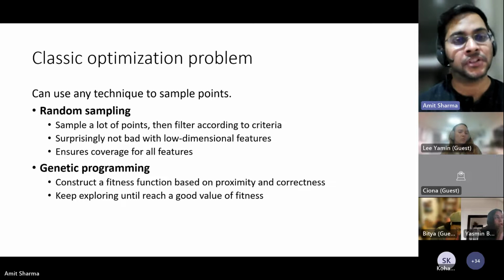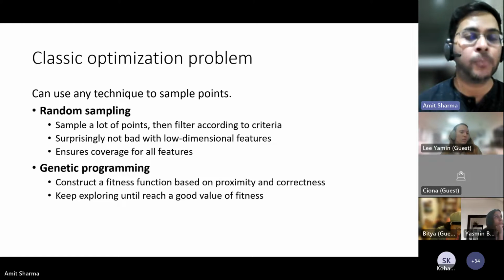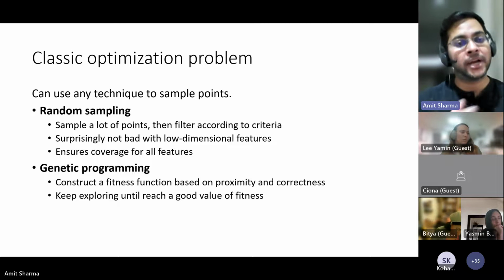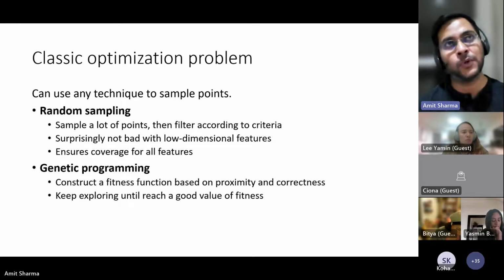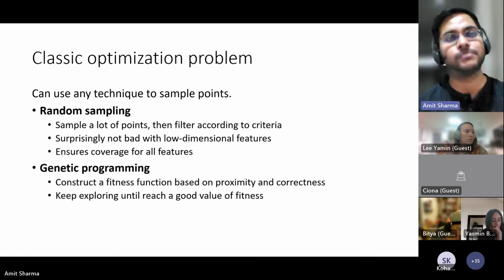If your model is not differentiable, think of something like random forest. You can actually use any optimization technique to sample the points that could be counterfactuals, right? So now imagine you have this machine learning model, it gives you an output of 0, and you want to find out which input will have an output of 1, right?